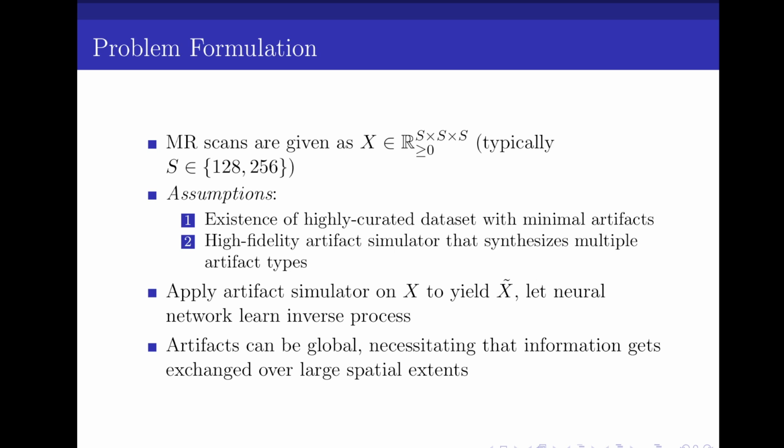Secondly, we assume that we have a high-fidelity artifact simulator that can synthesize a wide range of artifacts that are also highly realistic. We use this artifact simulator on the artifact-free images to get images with artifacts, and then we let the neural network learn the inverse process. Often these artifacts are not local, and this necessitates that our neural network can process this global information as well.